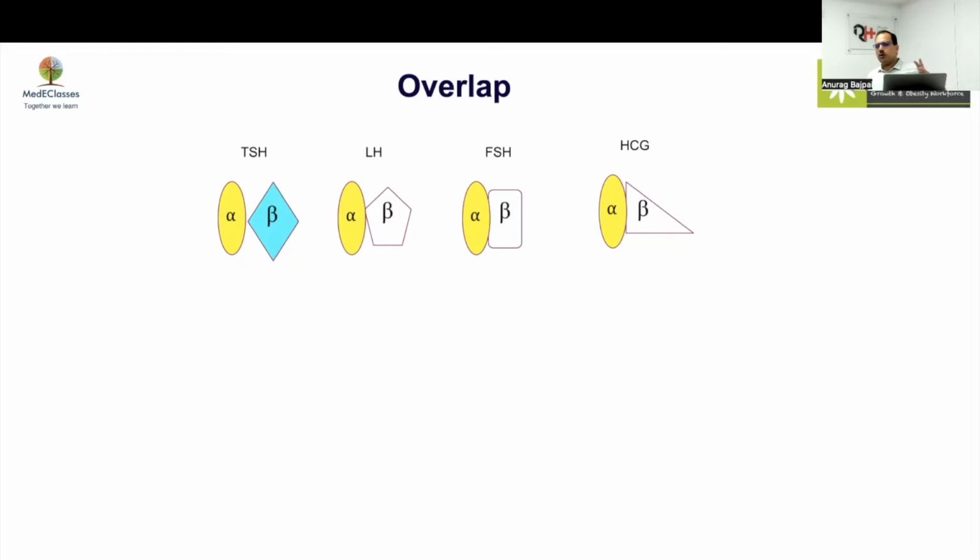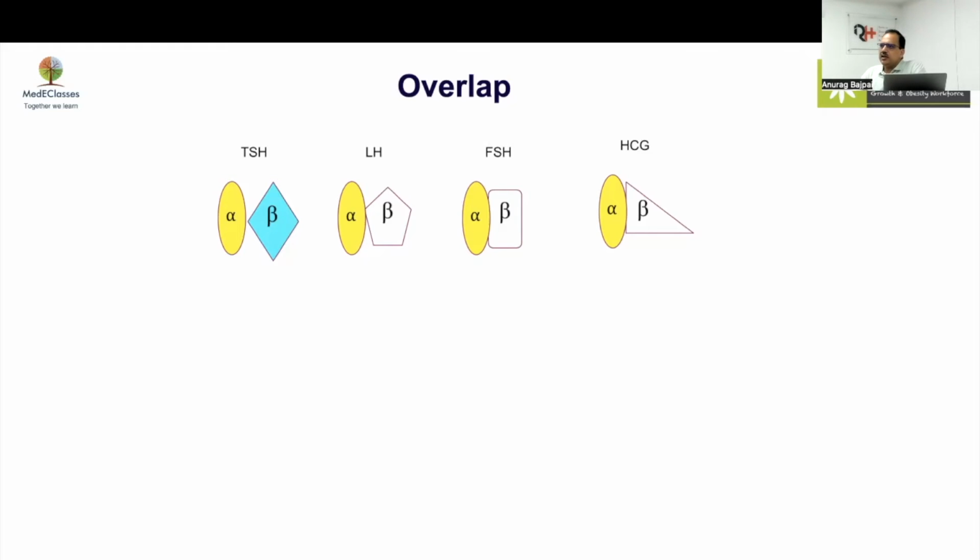Now, and this I ask every time, when you have the same regulator, GnRH, which is regulating LH and FSH both, you expect that if GnRH goes up, both should go up together and the level should be similar. How do you have a differential level of LH and FSH with the same dose of GnRH? Because of one, the half-life is different.